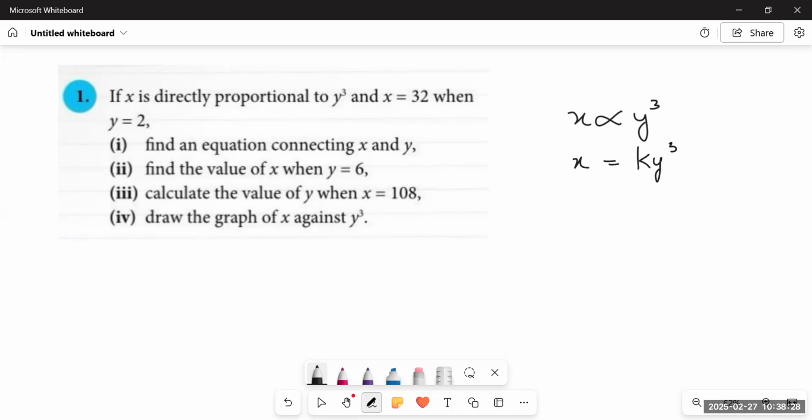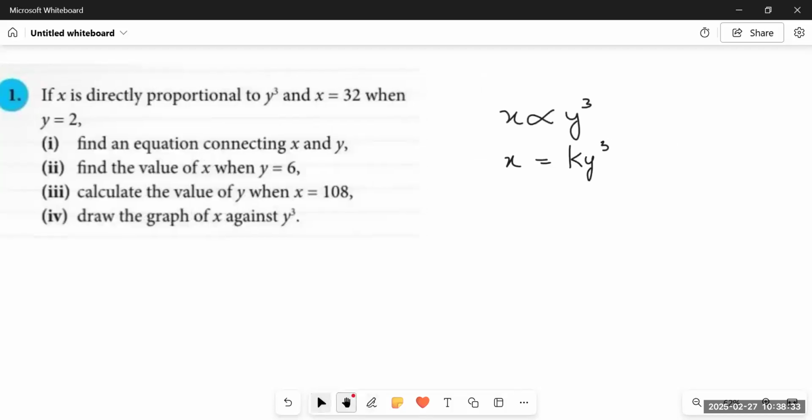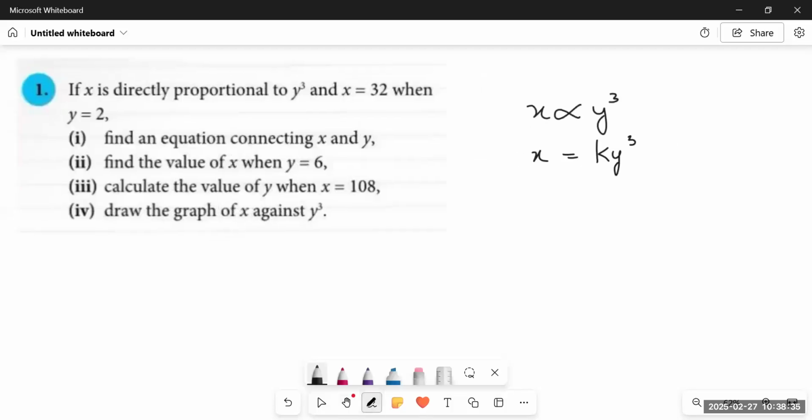Then what do we have to do? We have to figure out the value of k since it's a constant. For that, they have already provided us with the values 32 and 2. So we place 32 in place of x, k as it is, and for y we write 2 as given in the question, 2 raised to power 3. Now we solve the numbers using the BODMAS rule.